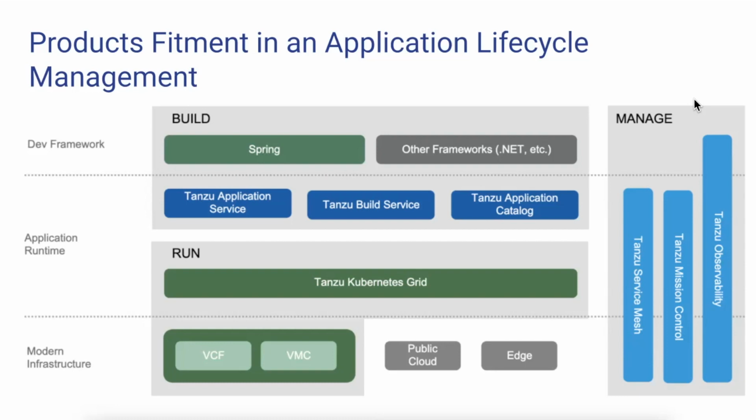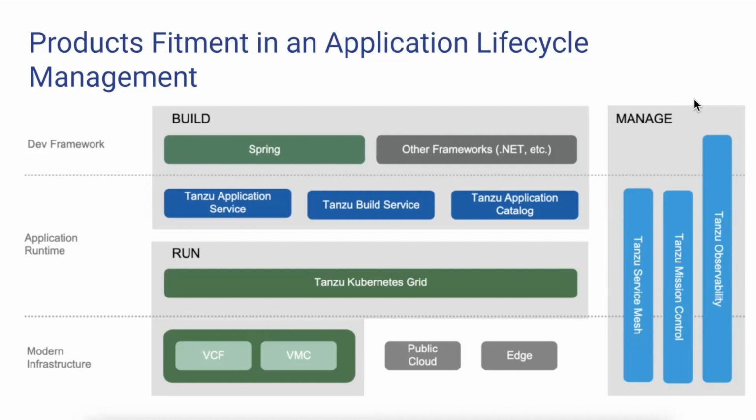Tanzu Mission Control helps to monitor and manage different Kubernetes clusters. It can be TKG, it can be non-TKG, and it provides a single pane of glass. It is very helpful for the operators because it provides several features like policy management, data protection, and conformance checks, all of which we can do from a single pane of glass.